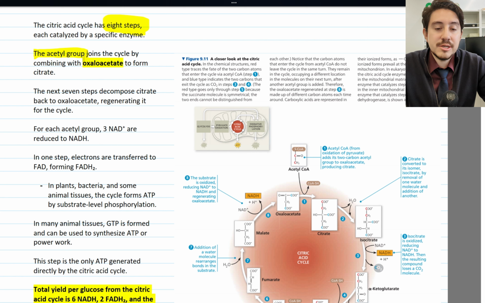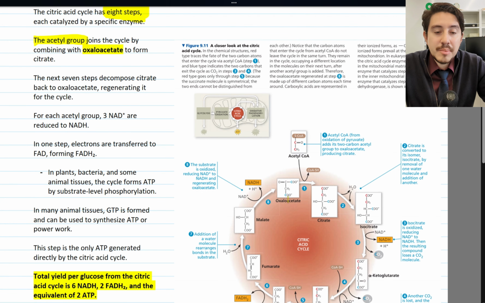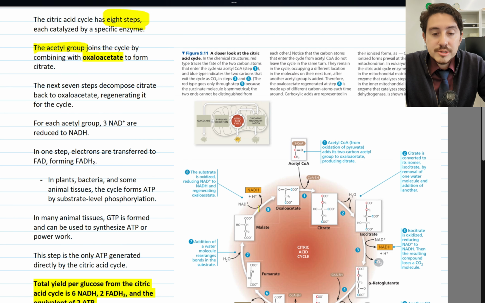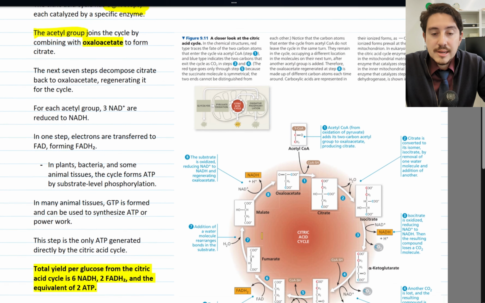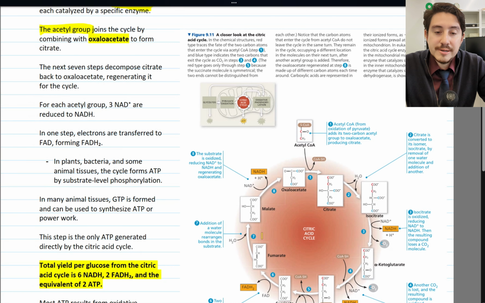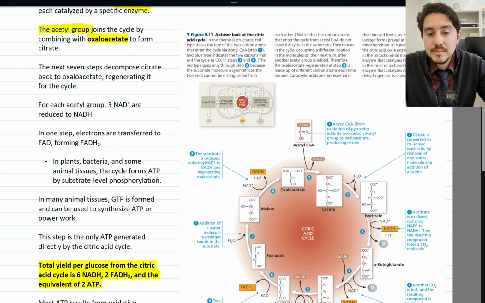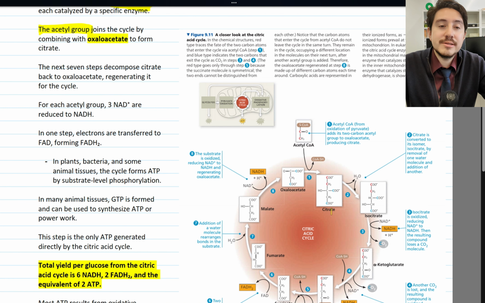The reason why it's a cycle is because the acetyl-CoA enters and binds to a 4-carbon molecule called oxaloacetate. This you do need to know. When these two join together, they produce a compound called citrate, which is the ionized form of citric acid. That's why it's called the citric acid cycle.